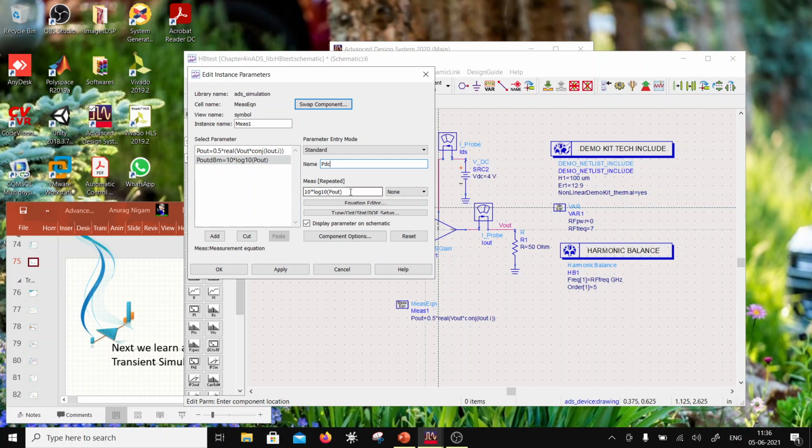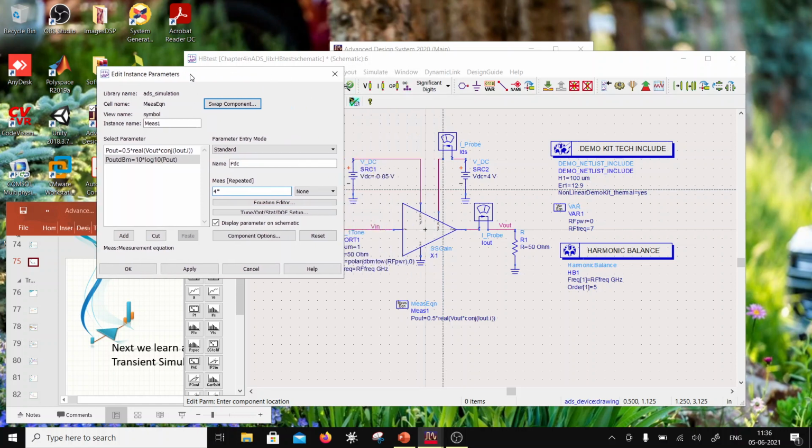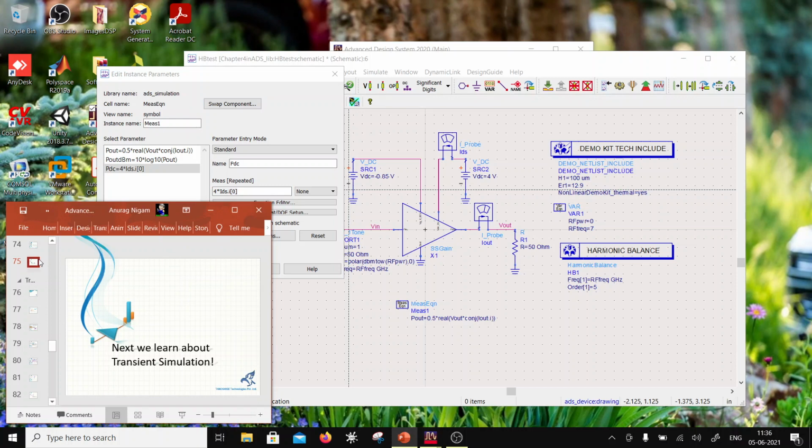DC power would be equal to VDC, which is 4 volts, multiplied by the current drawn, and the current drawn here is IDS. Right? And then it will be IDS dot i, and then I'm going to use the 0 index because this is the DC current drawn. Okay, say add. Okay, you can refer to this also.